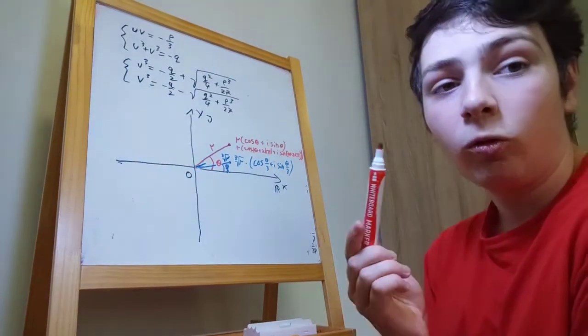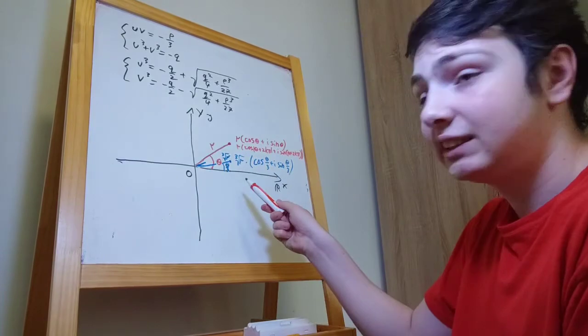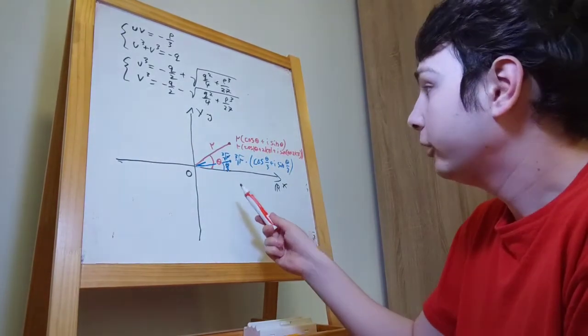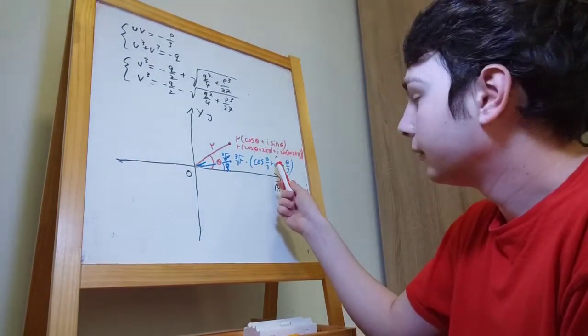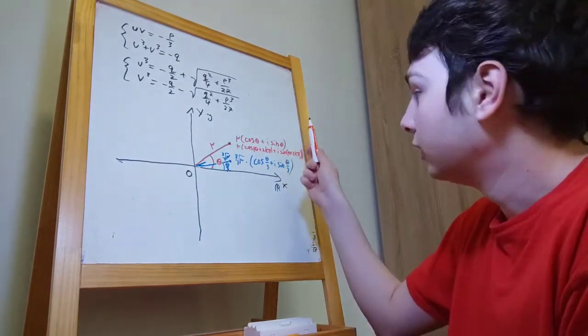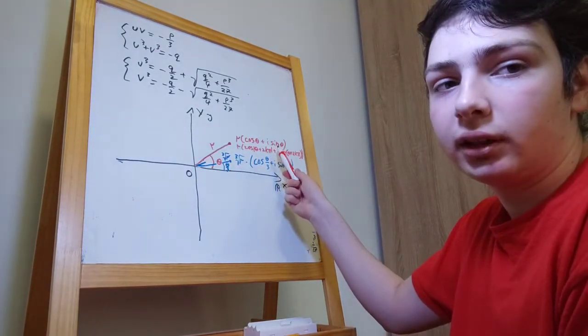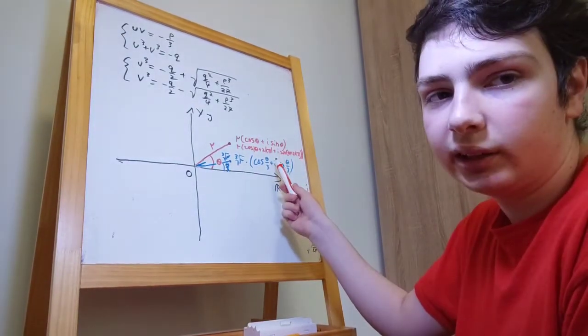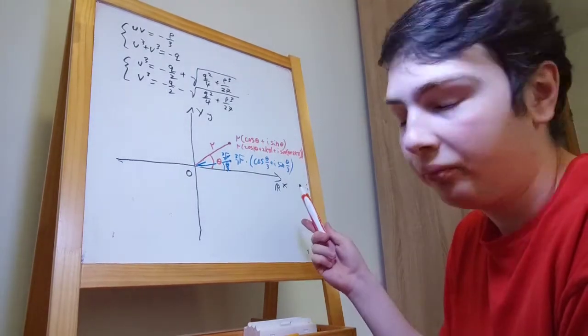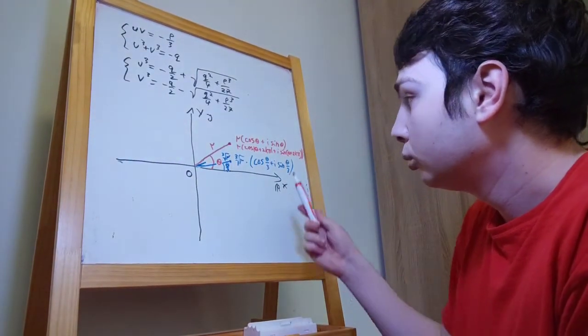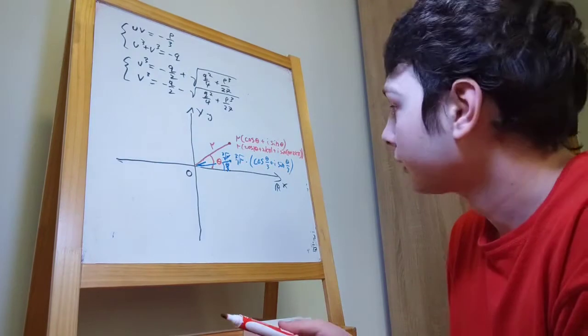So when we divide this angle by 3, we could also use the other angles which have a multiple of 2 pi in them, to then divide by 3.